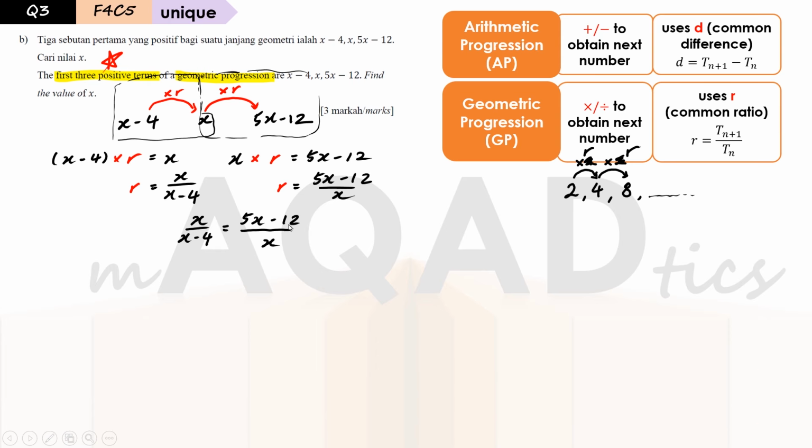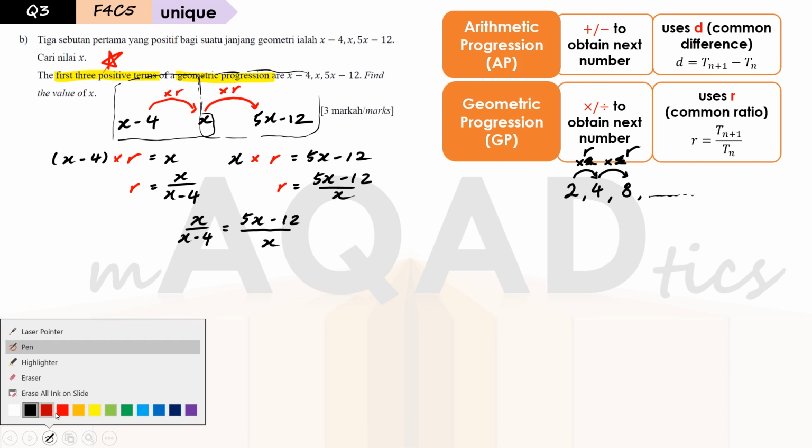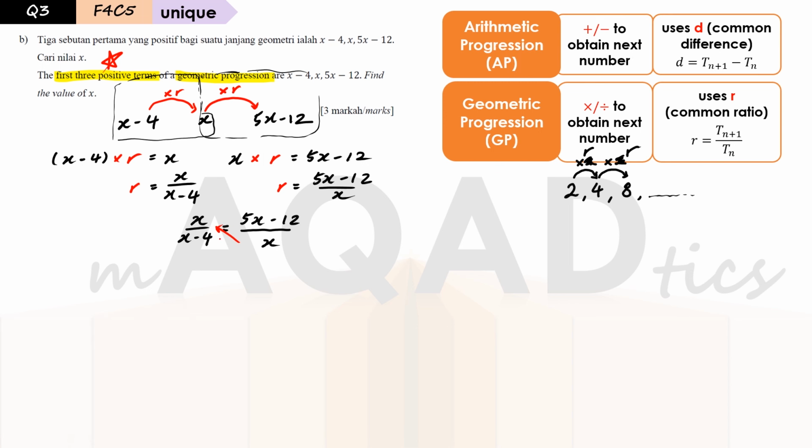Now you can see that in this equation, everything is in x, and we can use this equation to find the value of x. To simplify this equation, we can cross multiply it. The denominator on the right side multiplies with this value, and the denominator on the left side multiplies with this value.